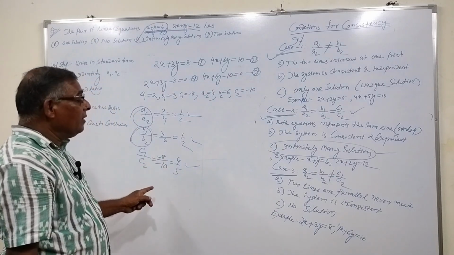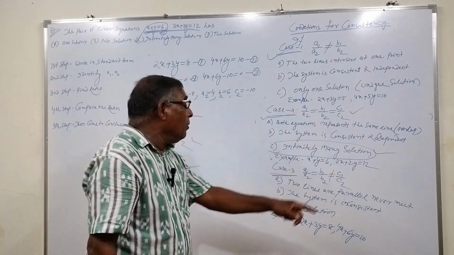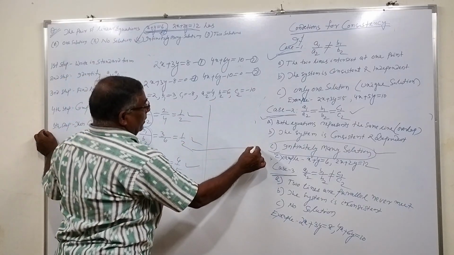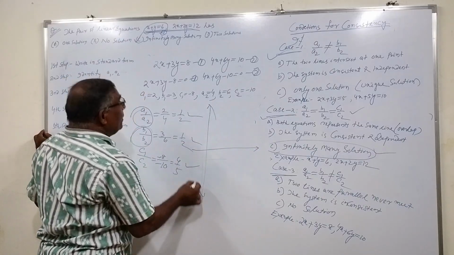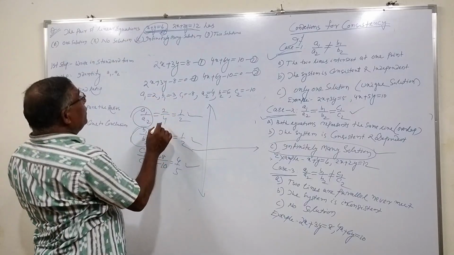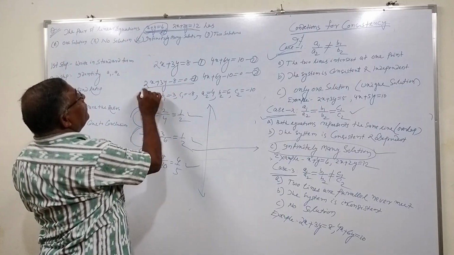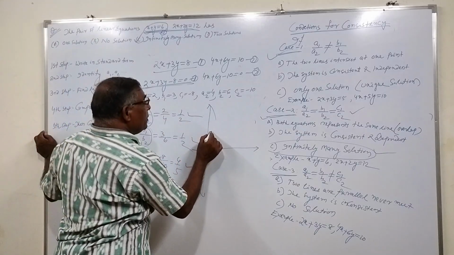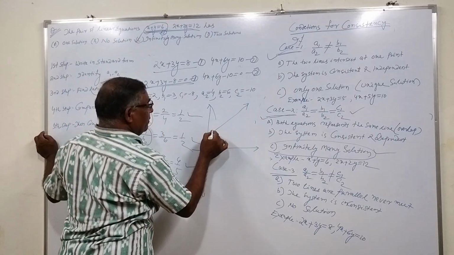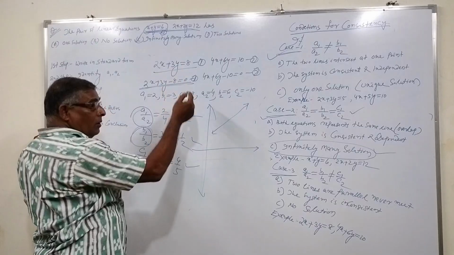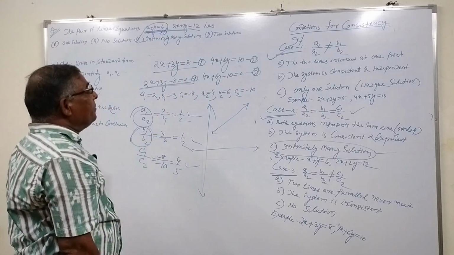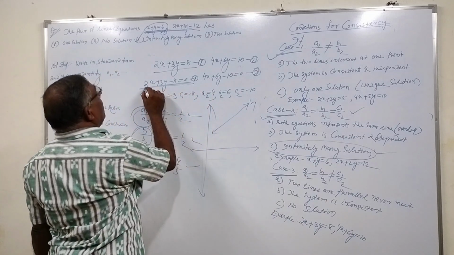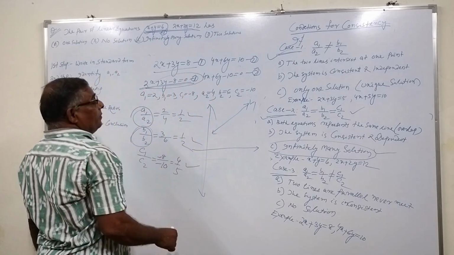Then the two lines are parallel and never meet. If we draw the two lines on graph paper, equation 1 will be a straight line, since linear equations are straight lines. This is L1, representing equation 1.